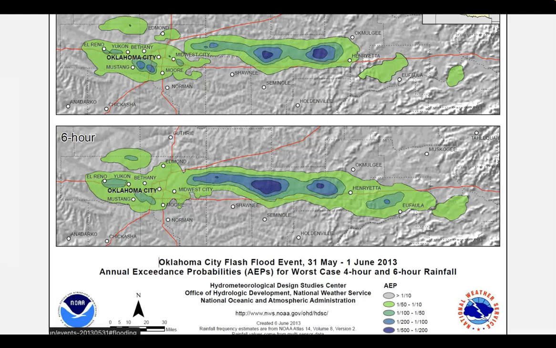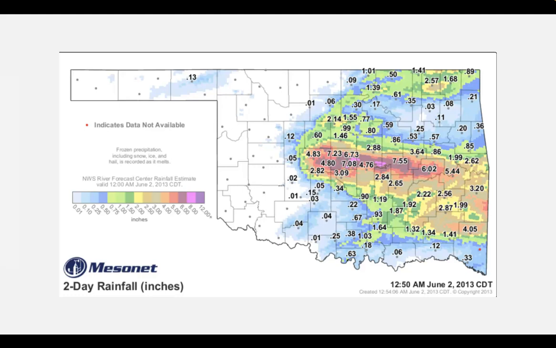And even in Oklahoma City, in 4 hours, they were receiving close to a 1 in 100 or 1 in 200 event of flash flooding at the same time as this tornado business was going on. So this was very, very difficult to really keep it going and everything. And then there's just some rainfall amounts.